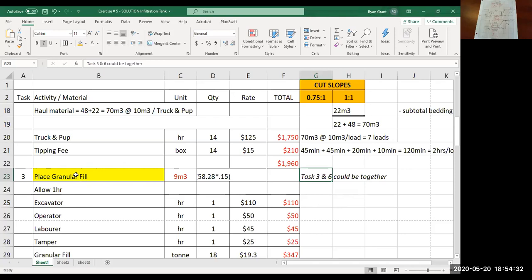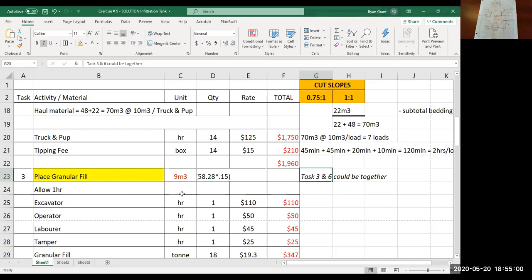It's important to set up your estimate so that you can understand it and follow it as you go through it. You're likely going to have to explain it to your boss or a manager type person, so it needs to be easily followable by you and whoever you're explaining it to. Just keep that in mind.